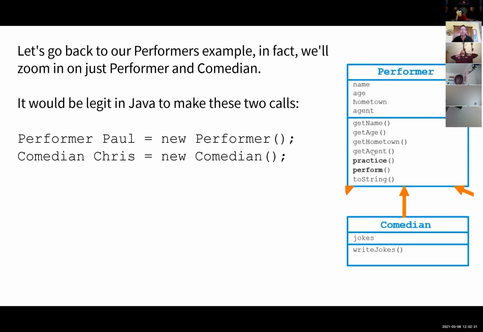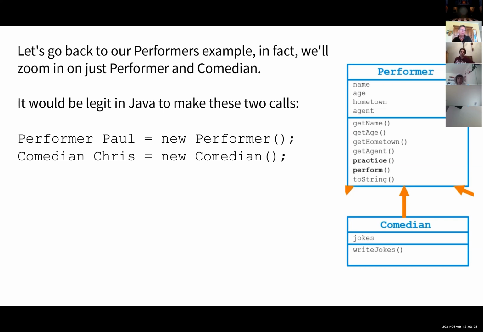And then here are 7 methods that are available for every performer: get name, get age, get hometown, get agent, and then practice and perform, and then toString, so it'll print nicely. And then comedian extends performer, and it's got a variable called jokes, and it's got a method write jokes, because a comedian, in addition to being able to perform, has to be able to write jokes in this little simplified world.